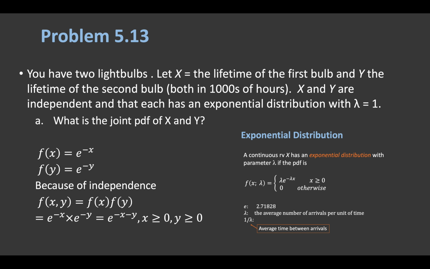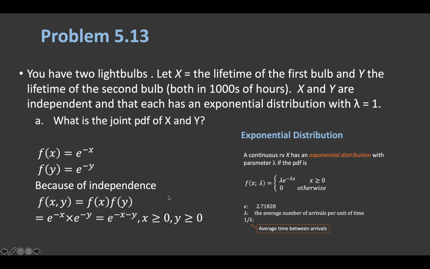We also know that lambda equals 1, so we can write f_X equals e to the power of negative x, and f_Y equals e to the power of negative y. So these are the marginal probability density functions for X and Y.